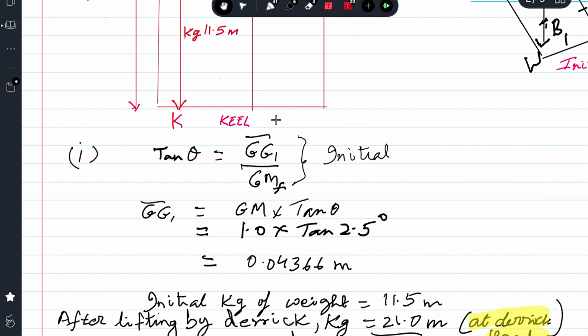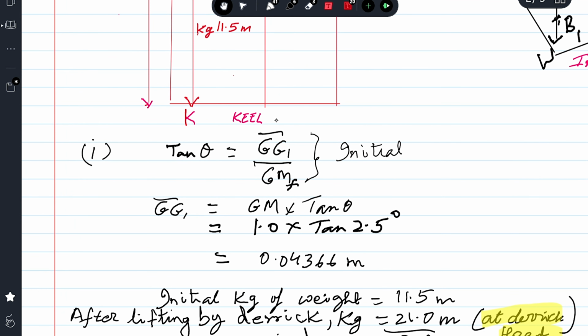Initially, the ship is listed 2.5 degree. So tan 2.5 degree, and GG1 is 0.04366 meter. Initially, the ship's center of gravity is 0.04366 meters off from the center line on the port side.